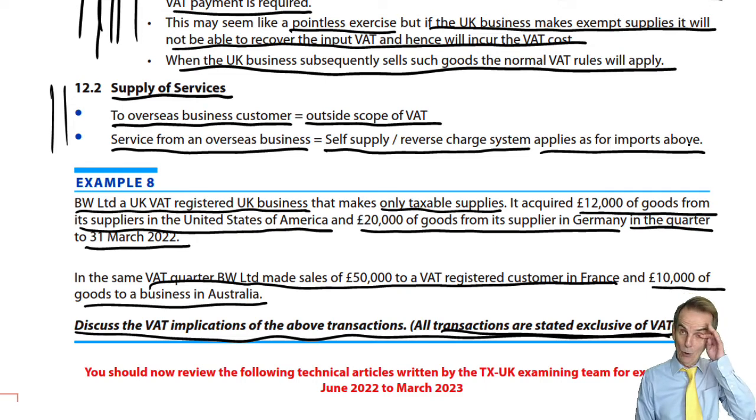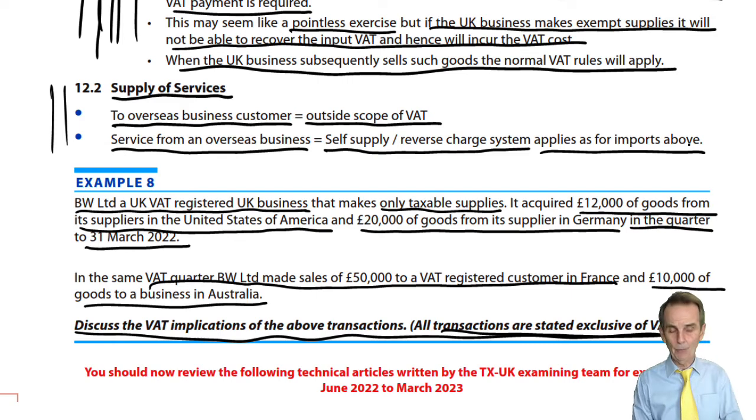But again, if what we do is to make exempt supplies, we're going to suffer that output VAT cost. So it's all down to what types of supply we then go on to make. Taxable, we recover it as input VAT. Exempt, we cannot recover it as input VAT.